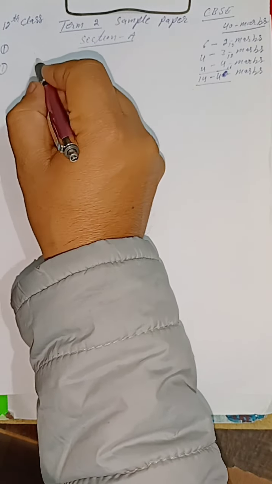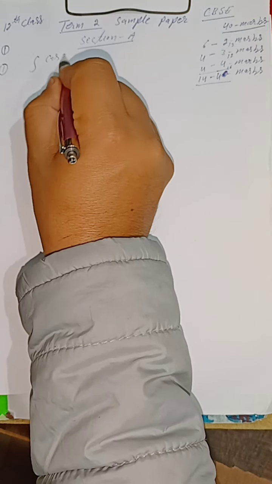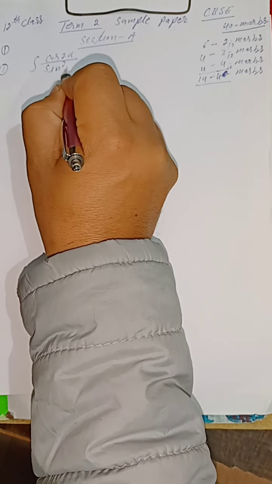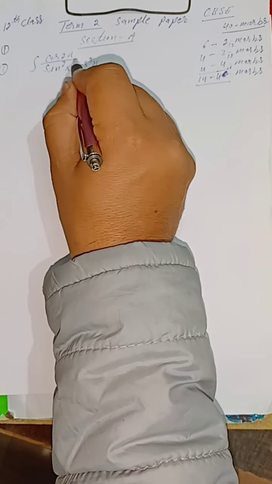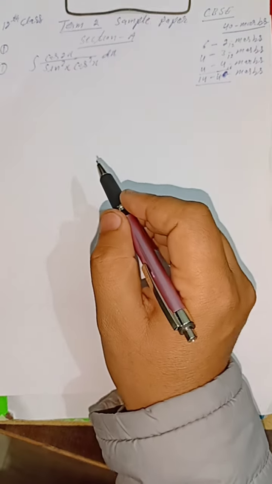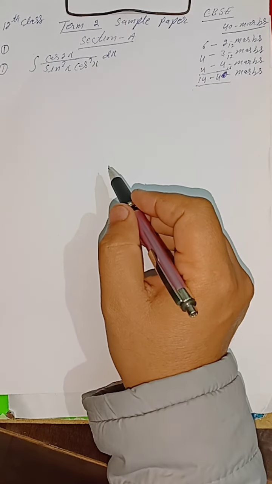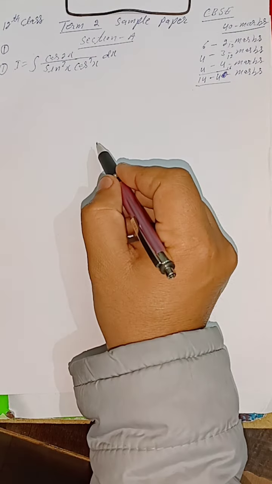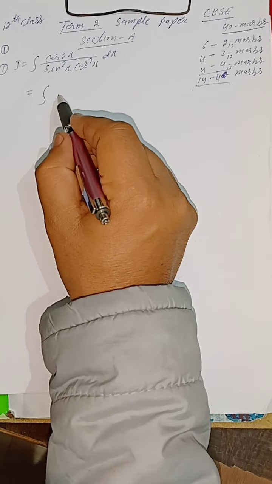First question is integrate cos 2x upon sine square x cos square x. So this is our first question. This question will be of 2 marks.